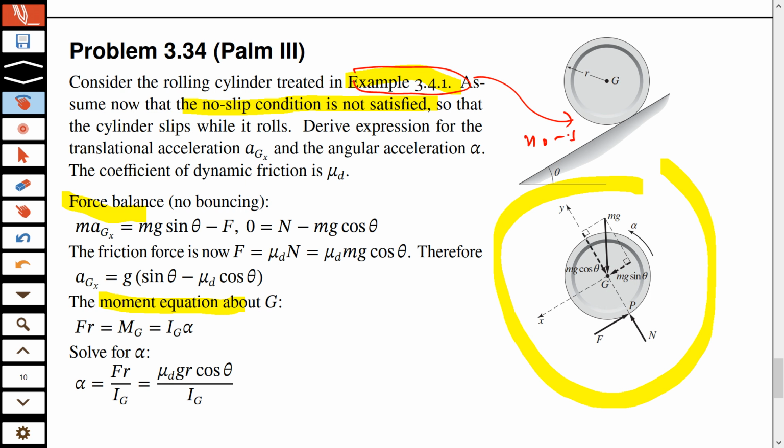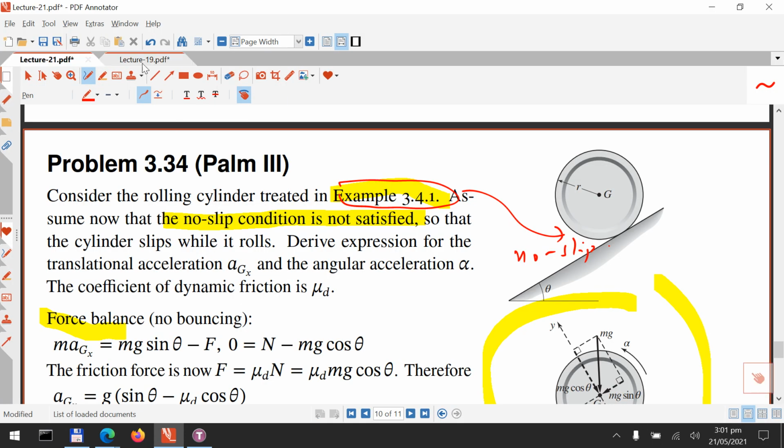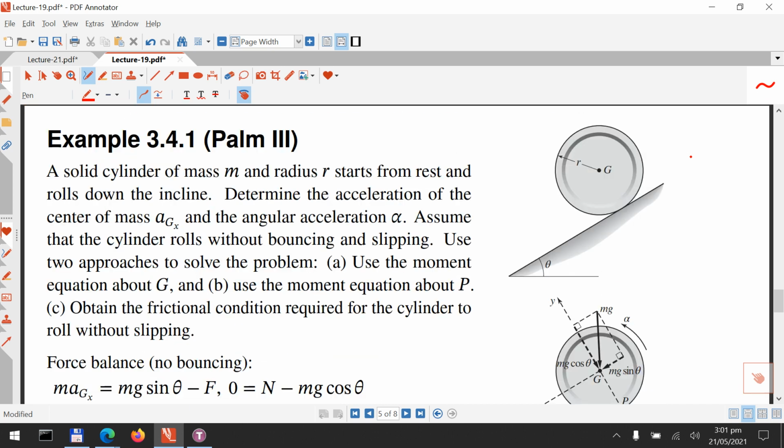In that example, we had the no slip condition assumed, and for that we even needed this friction force F, which we worked out in part C. Let me just show you part C there so that you know what we are talking about. It was this example, if you remember.